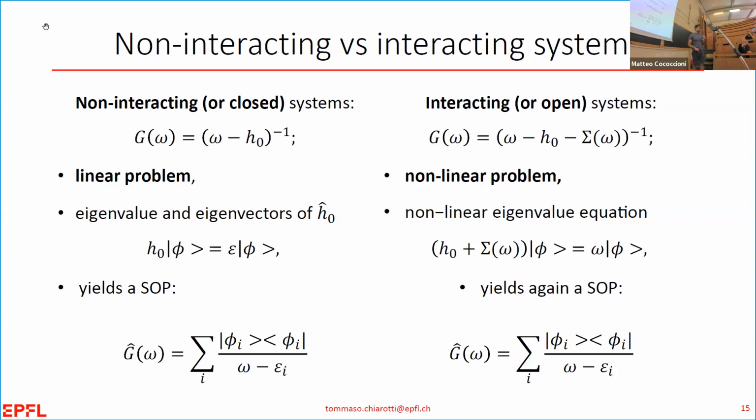So to understand what is the nonlinearity brought by dynamical potential, we need to cast this problem into a mathematical problem, if you want. So now, for a non-interacting system, if you want to find the Green's function of a Hamiltonian, you need to solve this equation. Now, is this an equation to solve? It's just an inversion of an operator, yes, but how do you solve this equation?